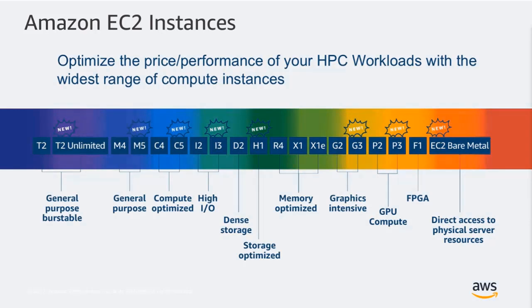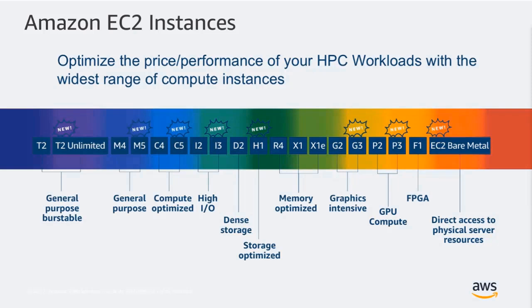For high I/O, we have the i3 instance that has 8 NVMe volumes and has a local throughput of 16 gigabytes a second and over 3 million IOPS. For accelerated workloads, we have our P2, P3, and F1 instances.